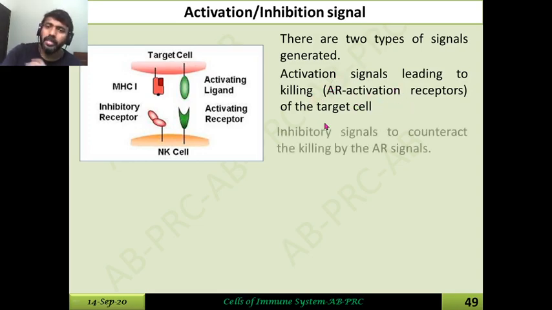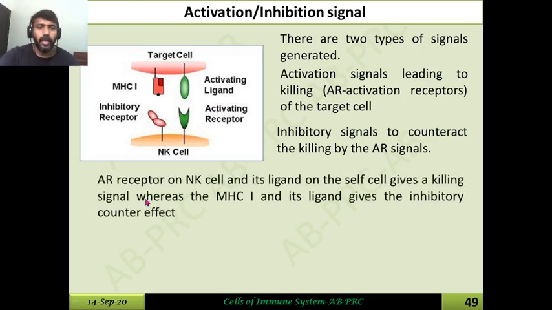The second one is an inhibitory signal, and these inhibitory signals are crucial because they have to counteract the killing effect of the NK cells, which is credited to the interaction of the activating receptor and its corresponding ligand. Right. So the activating receptor on the NK cell and its ligand on the cell gives a killing signal, whereas the MHC1 and its ligand gives the inhibitory counter effect.